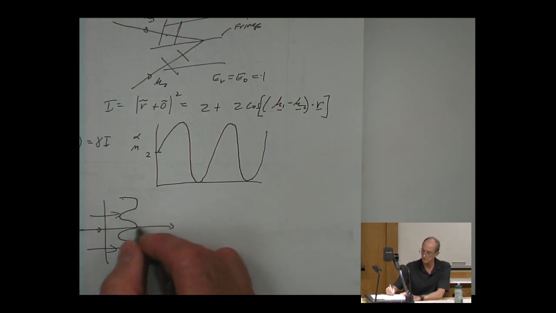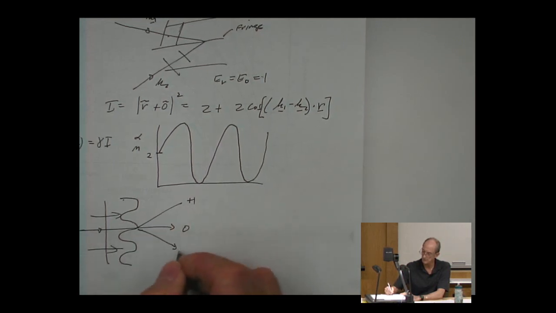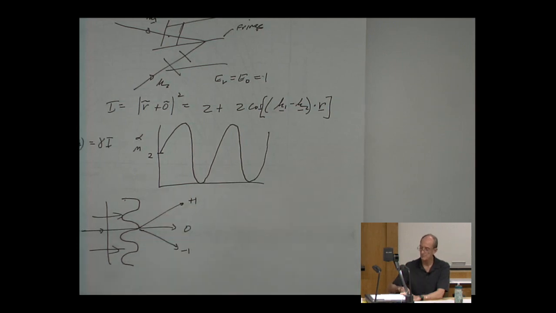It's going to give us the 0 order, the +1 order, and the -1 order. And that comes straight out of diffraction theory. We'll actually derive that later because it's a useful derivation.